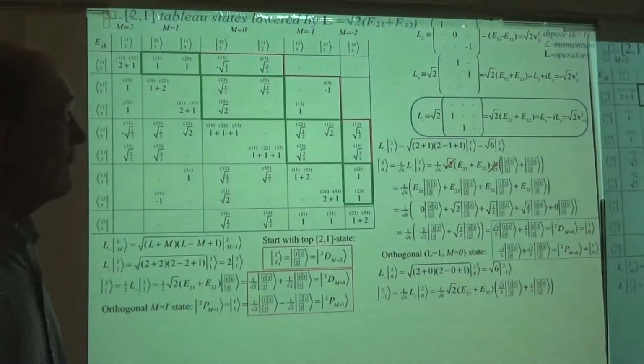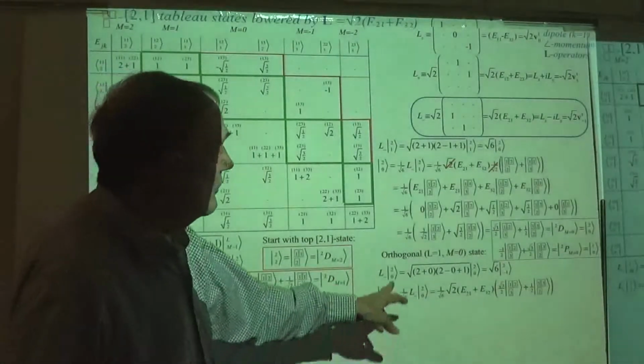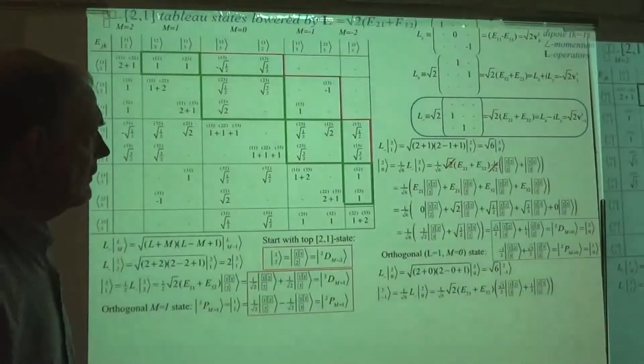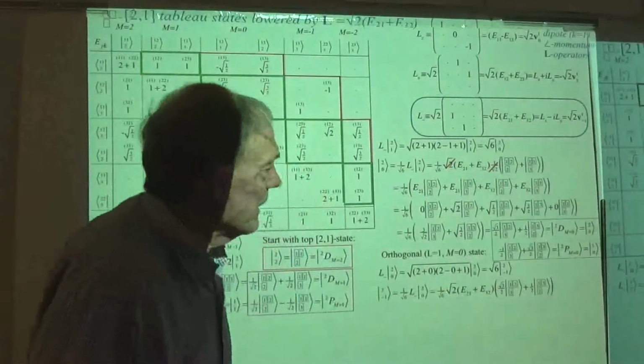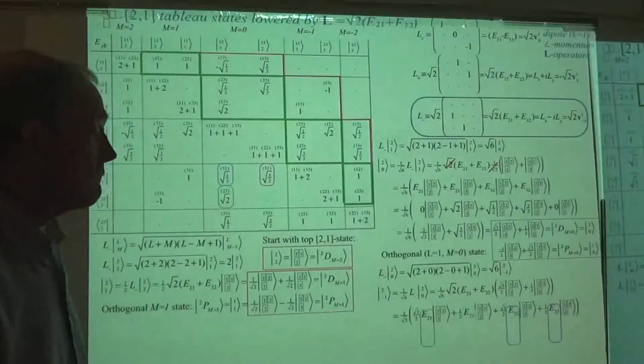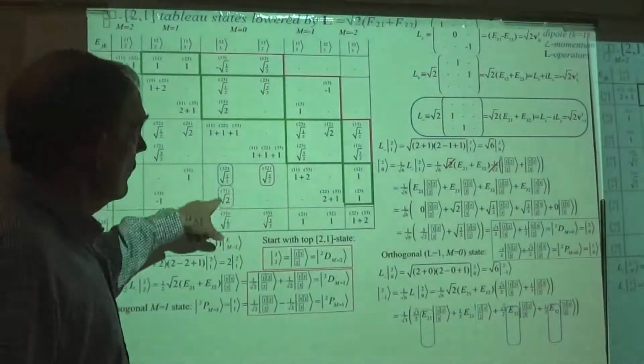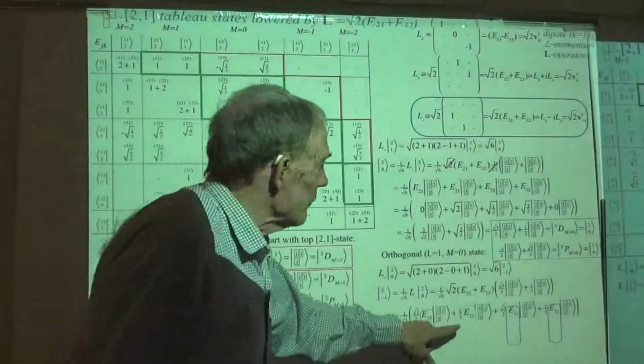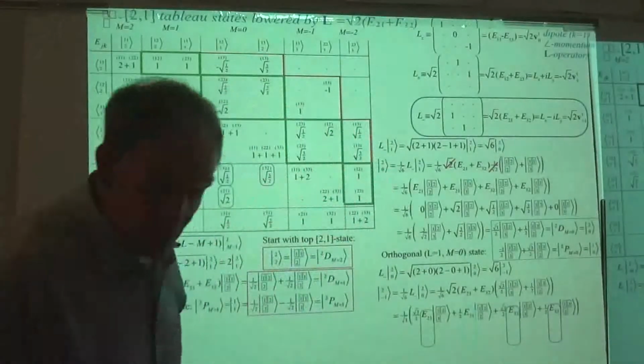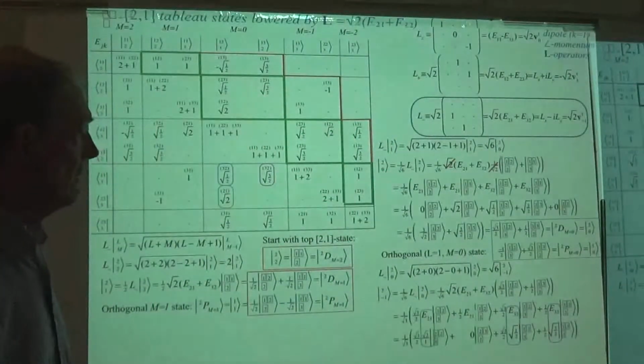If I want to lower, then just to check things, I can go ahead and lower again. This time, once again, I get a square root of 6, and the lowering of that then yields, well, we can look down here in this place here for 4 different numbers for this state. But it collapses pretty much.